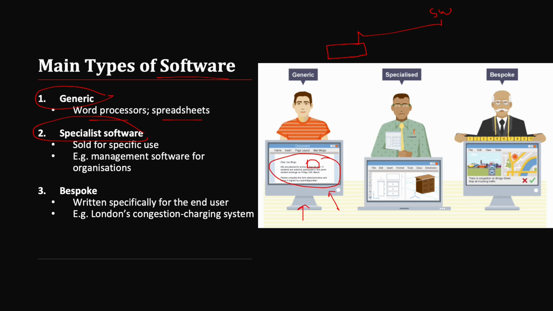Then on top of the specialist one, we actually have one called bespoke. For example, if we ask someone to design software for us, we give them our requirements. Let's say software for the university, specific for student attendance. We have students coming from this number of countries, for example from Kerala.